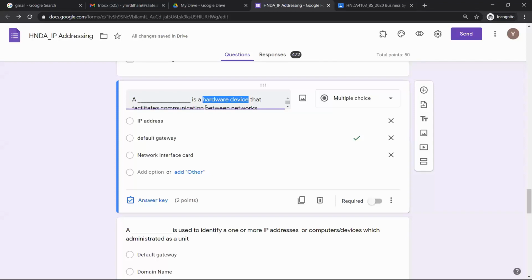That means if you want to communicate from one network to another network, what should be there in between? The one which should be there in between is your default gateway. This will usually be your router. So the address of the router will be used as your default gateway, right? So remember this name, default gateway is the one which is used to separate two different networks, right?